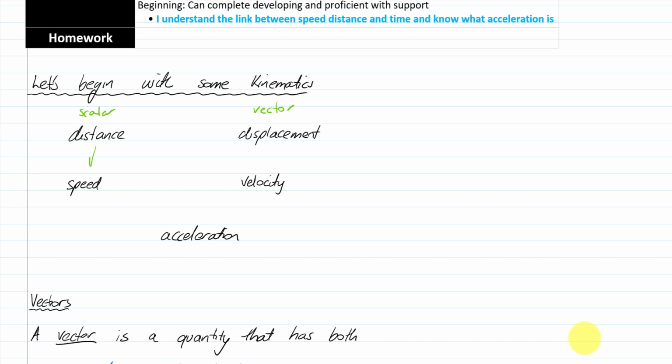And speed is associated to distance, and velocity is associated to displacement, and acceleration kind of relates to both. So remember, speed and velocity are a measure of change of distance or displacement, and acceleration is the rate of change of velocity or speed. So if you change your velocity, then you are accelerating or decelerating.